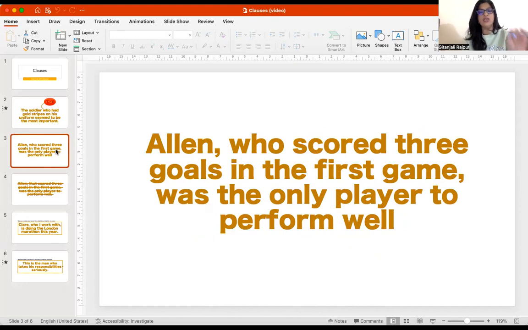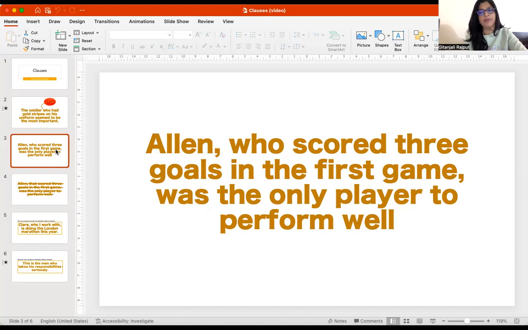In this sentence, who scored 3 goals in the first game is a non-defining relative clause. Even if we omit this information, it is very clear who was the only player to perform well. Ellen was the only player to perform well.